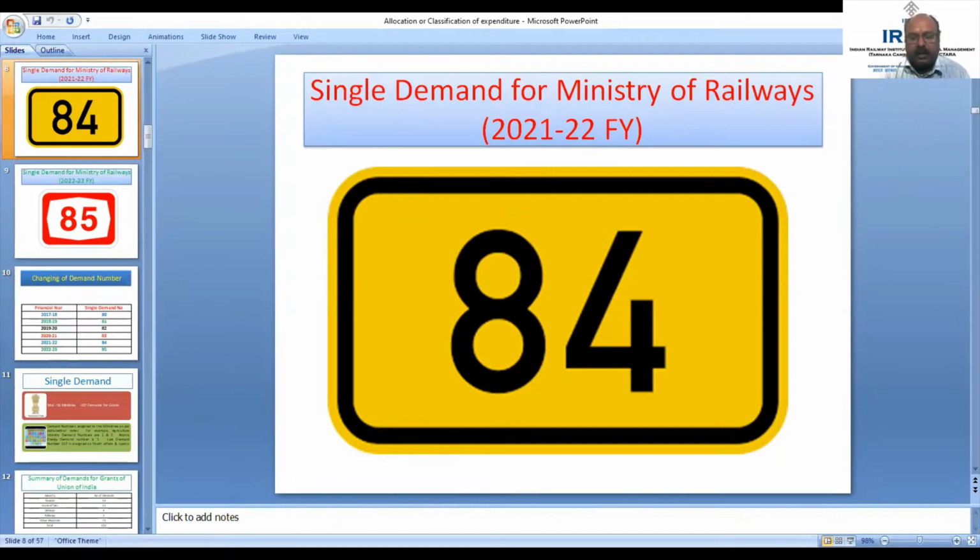But all the categories are still there. Instead of presenting our expenditure estimates in 16 different forms, 1, 2, 3 up to 16, we now present our estimates in the single demand. That is the only difference. Our finance code value 2 is not changing.